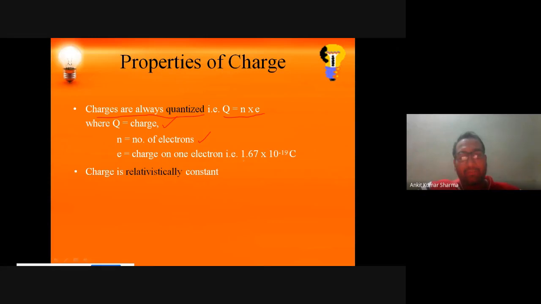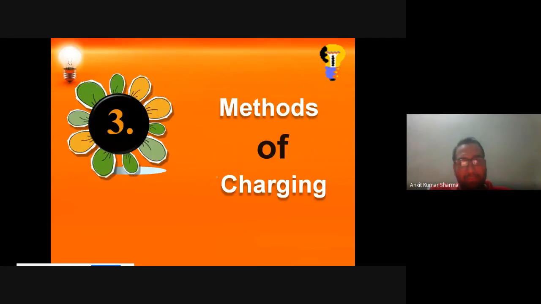The value of the charge on one electron is 1.6 times 10 raised to power minus 19 coulomb. So you can say, in the last point, that charge is relativistically constant.